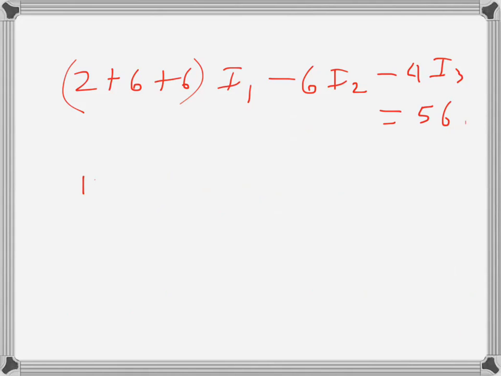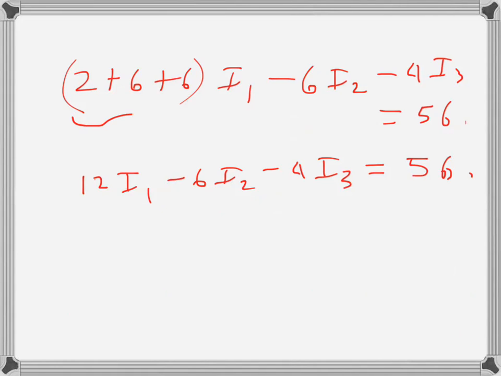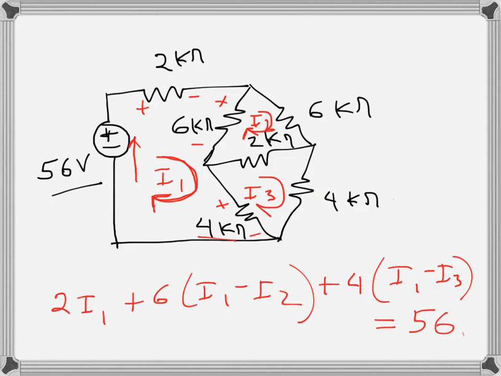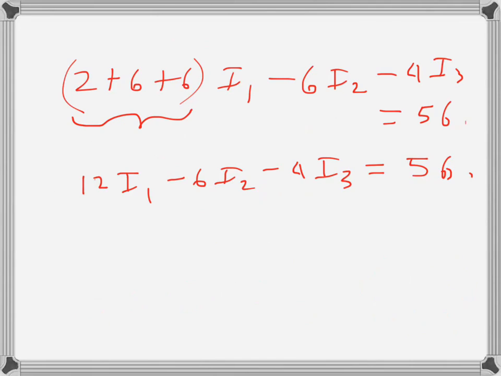Now if I observe something here, the coefficient of the current I1, which is the mesh current, is the summation of all the resistances here. So 2, 6 and 4, these are summed, and that is the coefficient of I1, 12.